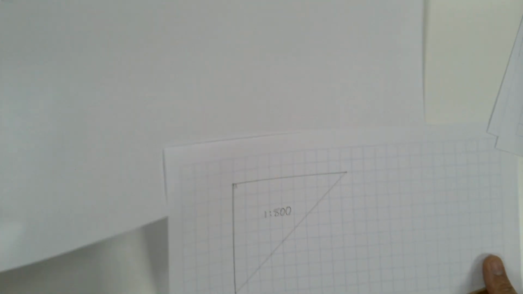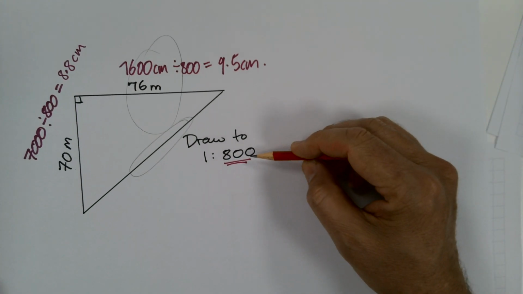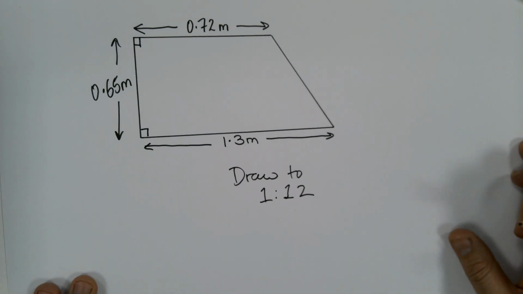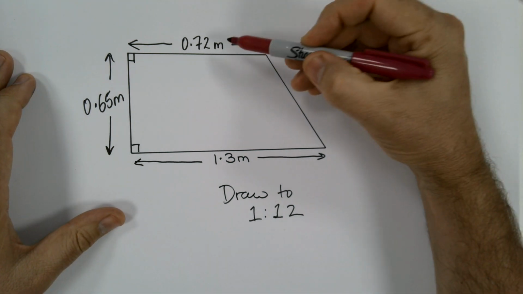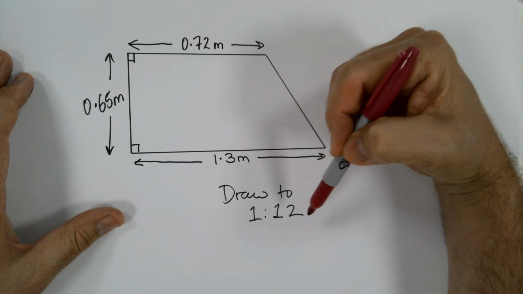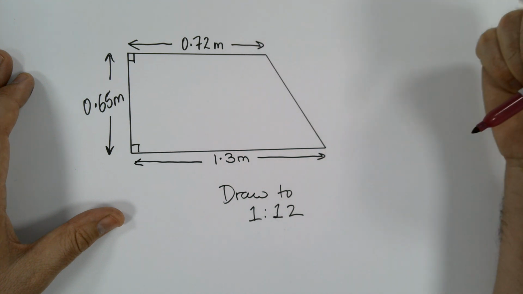So what if you don't have a big number for the scale like 800? This one here is a 12. Just to demonstrate that the same process applies, I'm going to get each of these first of all to centimeters and then divide it by 12 to get centimeters on the diagram.